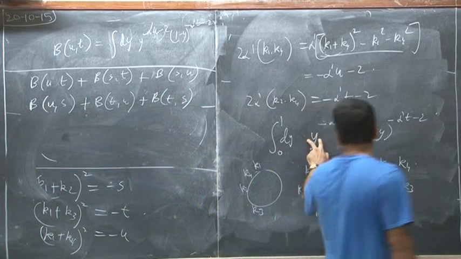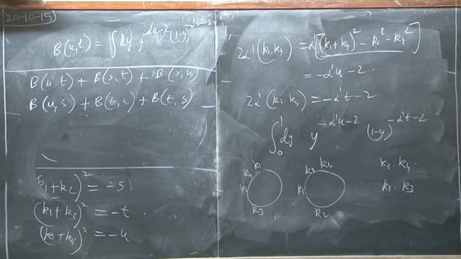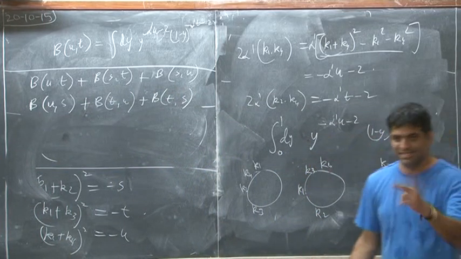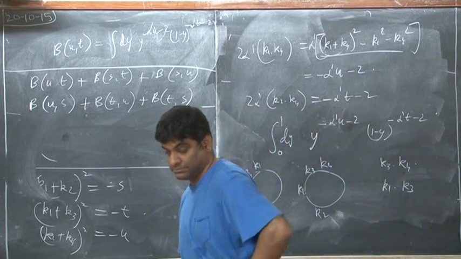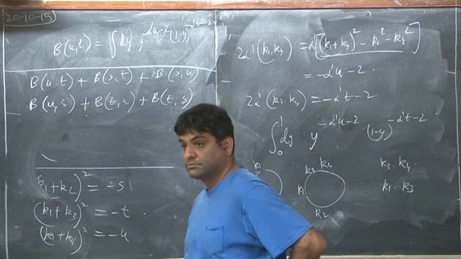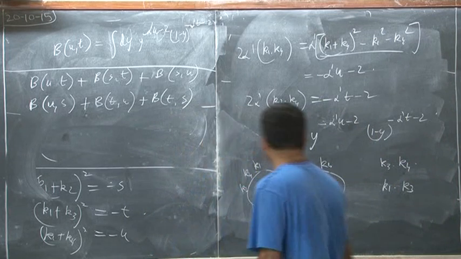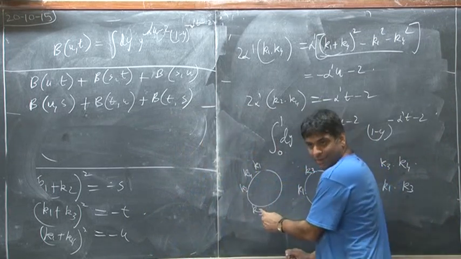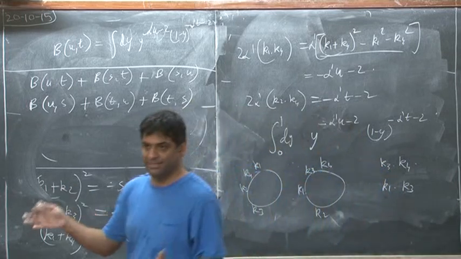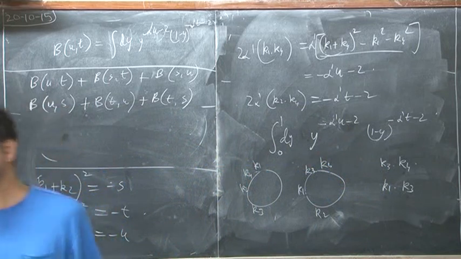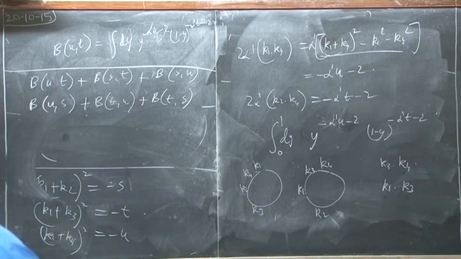However, under the variable change y goes to 1 minus y, it's totally clear that B itself is symmetric under the interchange. For each B, will the limit of integration remain the same? It will always be 0 to 1. You see, you can do the calculation in a way that makes the integral look like it's between 0 to infinity, for instance, or 1 to infinity. But you'll always be able to perform a variable change to map that once again to 0 to 1.